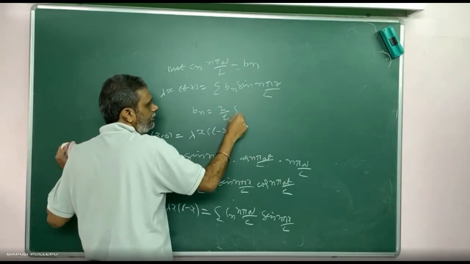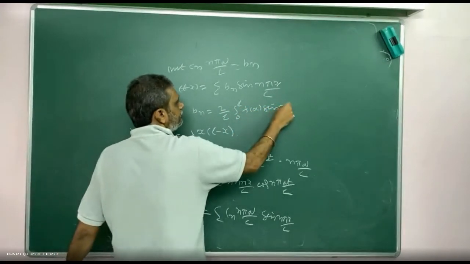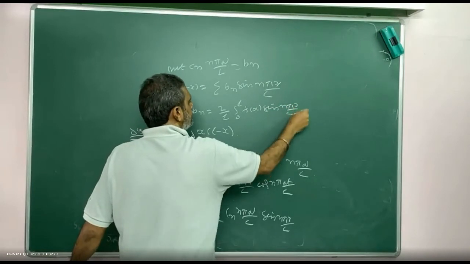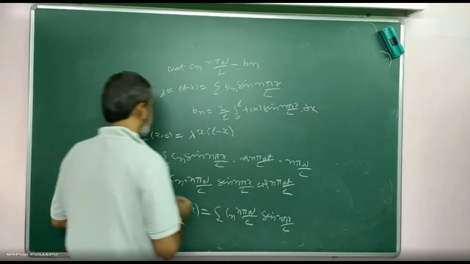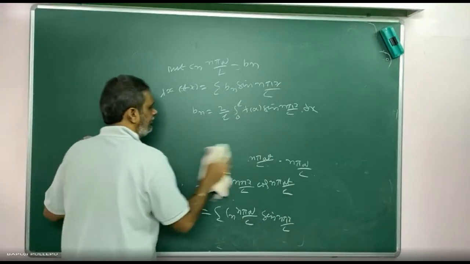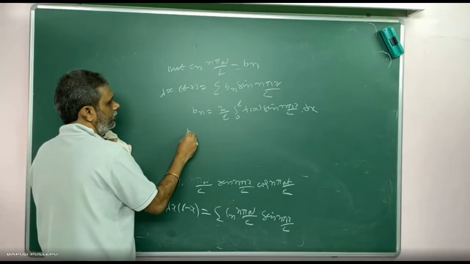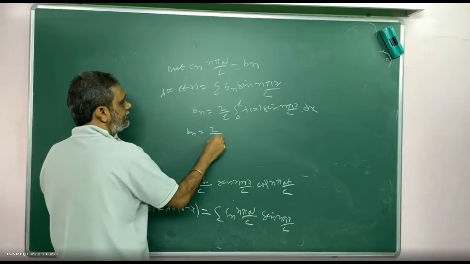Bn is 2 by L integral 0 to L, f of x sin n pi x by L. Who is f of x here? Who is f of x?